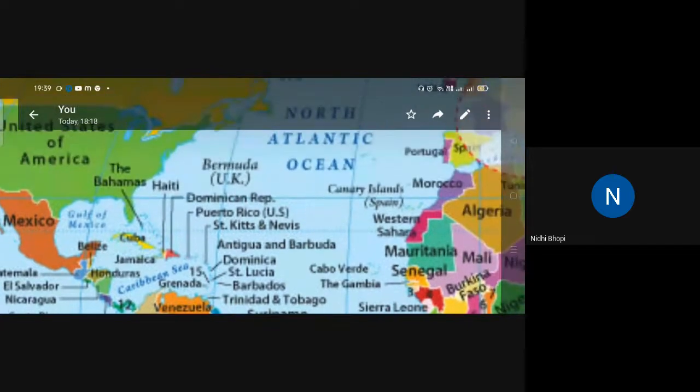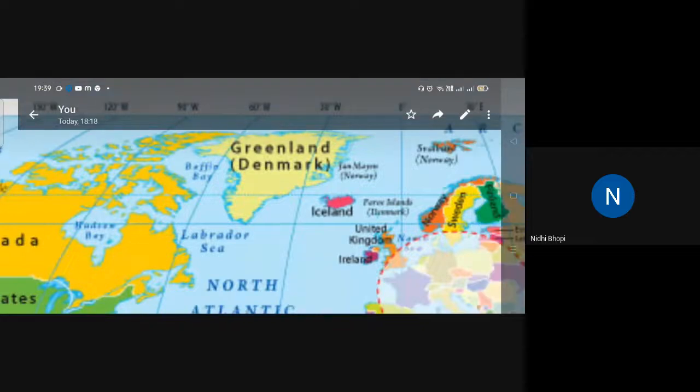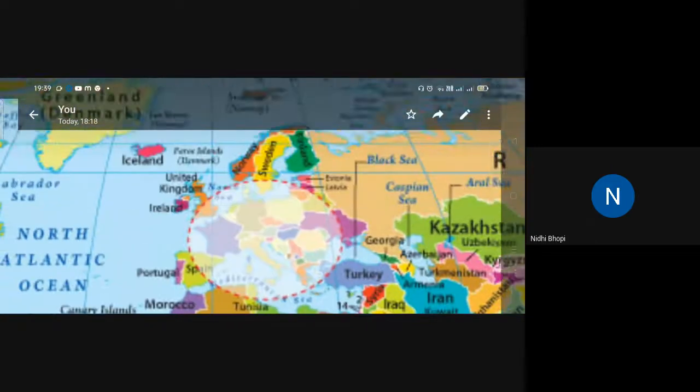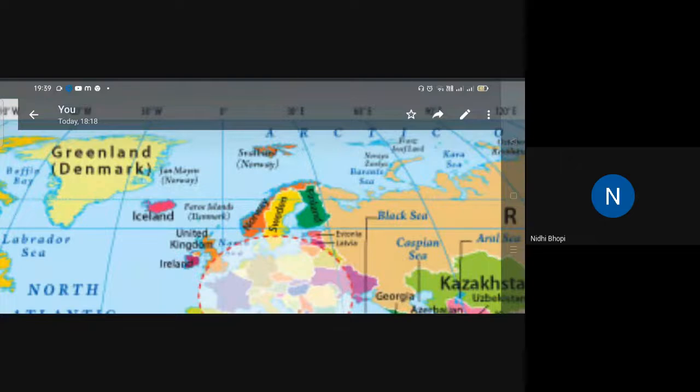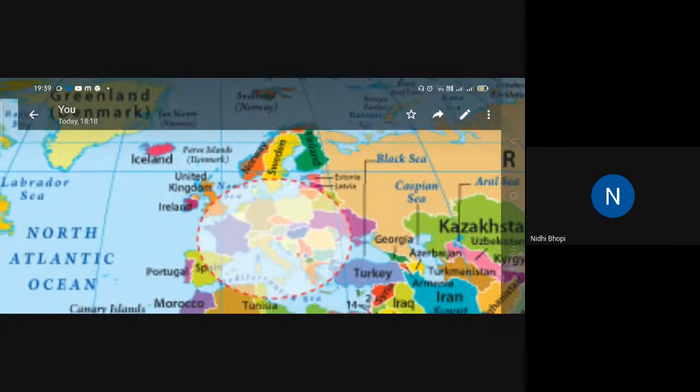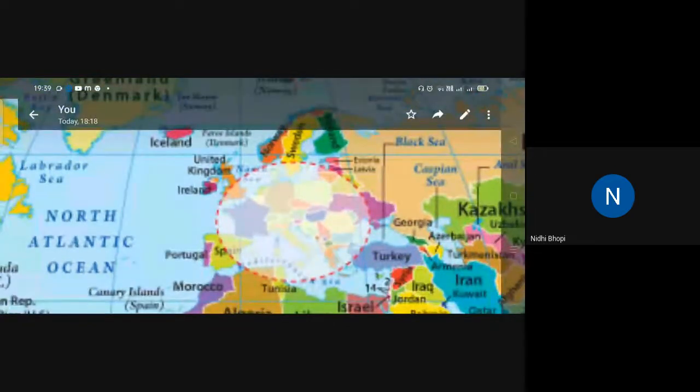Now, how the name we got West Indies, I'll show you. See in the map of Europe. Spain, Portugal is shown.